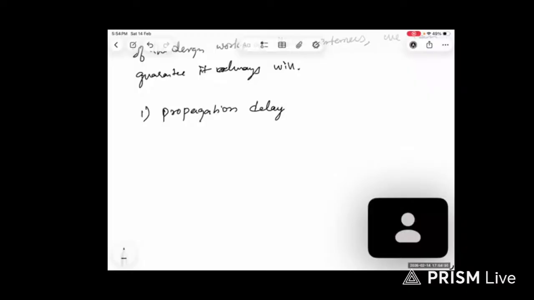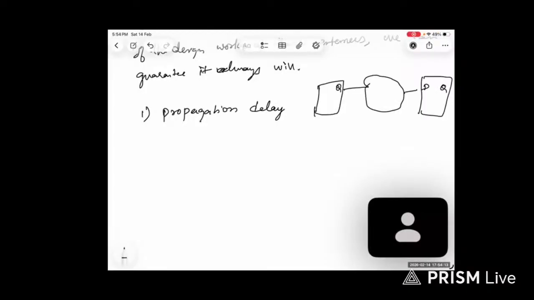For example, if you are considering a flop to flop path, my data is sent through this D pin. There is some time required for my D pin data to be captured by Q. So there is a delay inside this D flip flop.